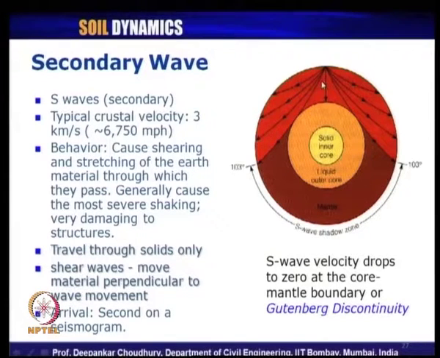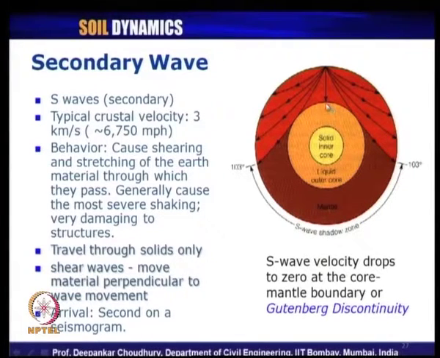Why is it so? Because the S wave traveling through the mantle is fine, as the mantle is mostly solid material of the earth. When it travels in this direction and hits the boundary of the mantle and the outer core, what is the outer core? I have explained, it is basically a molten liquid, a fluid state.